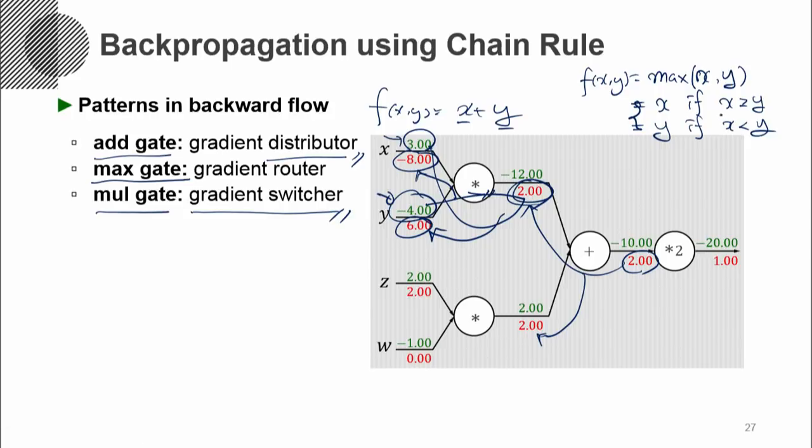In this case, the partial derivative with respect to x will be 1, and the partial derivative with respect to y will be 0. And also, if y is bigger than x, then the partial derivative with respect to x is 0 and y will be 1. And thus it can be viewed as routing our original gradient into either flow by selecting the max value.